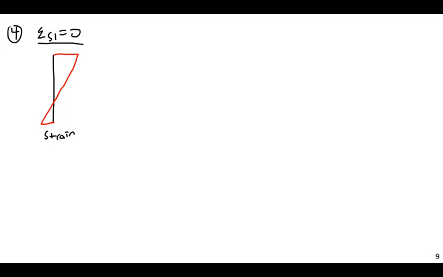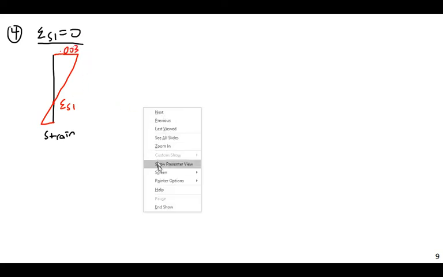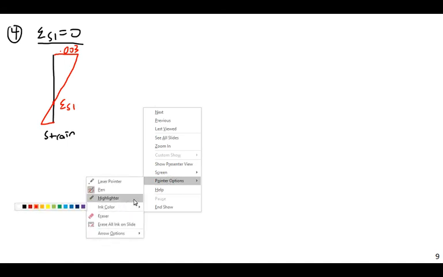But maybe you don't need to worry about that too much. The key point here is that my epsilon S1 is 0, and then I'll have 0.003 here. And my neutral axis is actually going to be just at D.